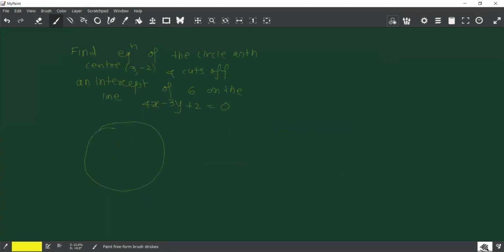सर्कल है, सेंटर है (3, -2), ये है लाइन. If this point is A, this point is B, ये AB है 6 units. ये लाइन है 4x - 3y + 2 is equal to 0.